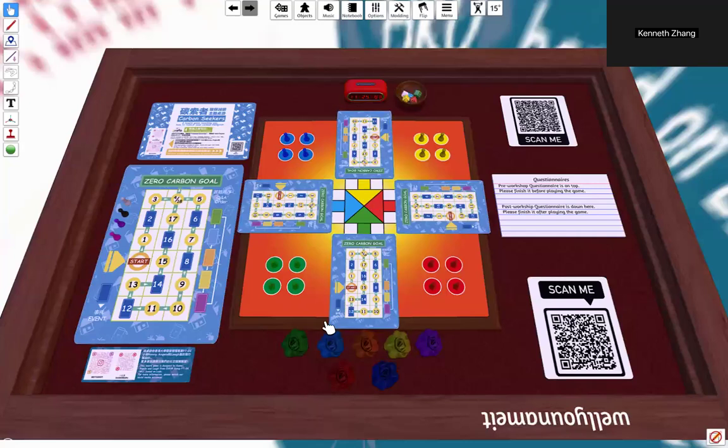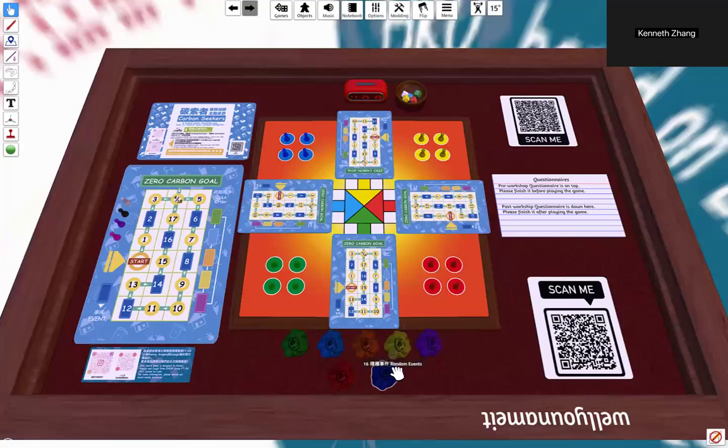We have 42 question cards with answers divided into 5 categories: diet, water and energy usage, transportation, eco-friendly products and waste management, and flexible measures in public and private spaces.